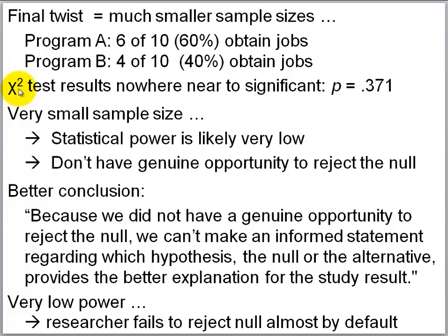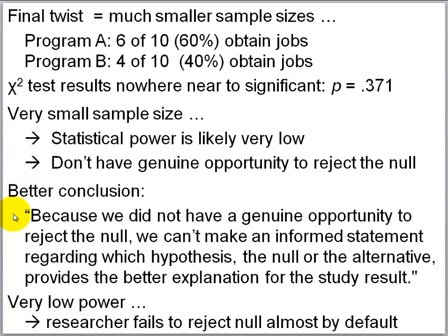P now equals 0.371. In this situation, we have very small sample size. And that being so, our statistical power is likely very low. In this situation, it's almost assuredly the case that we don't have a genuine opportunity to reject the null.